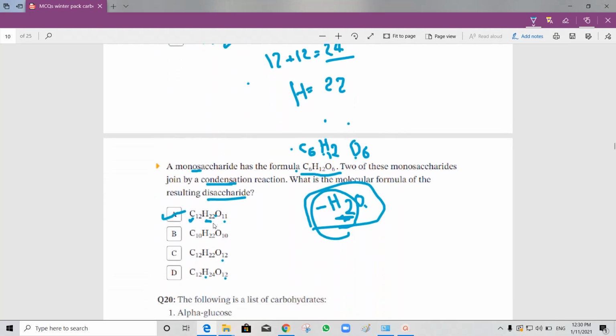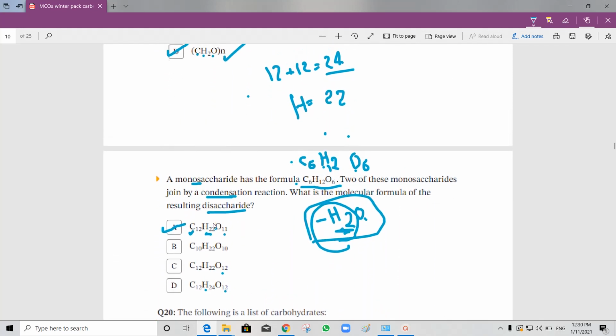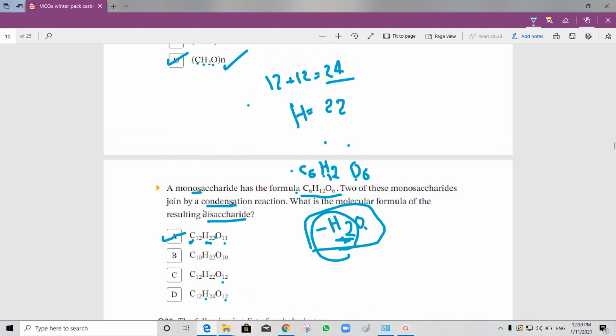When we were discussing this question, we have two monosaccharides, C6H12O6, and another monosaccharide, which is C6H12O6. Here, he is asking about the molecular formula of a disaccharide. Don't choose this one. This one will be wrong. How, teacher?